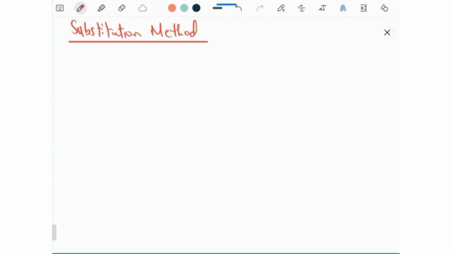Did you write it? Step number 2. If the third equation is made from the first equation, substitute it in the second equation.